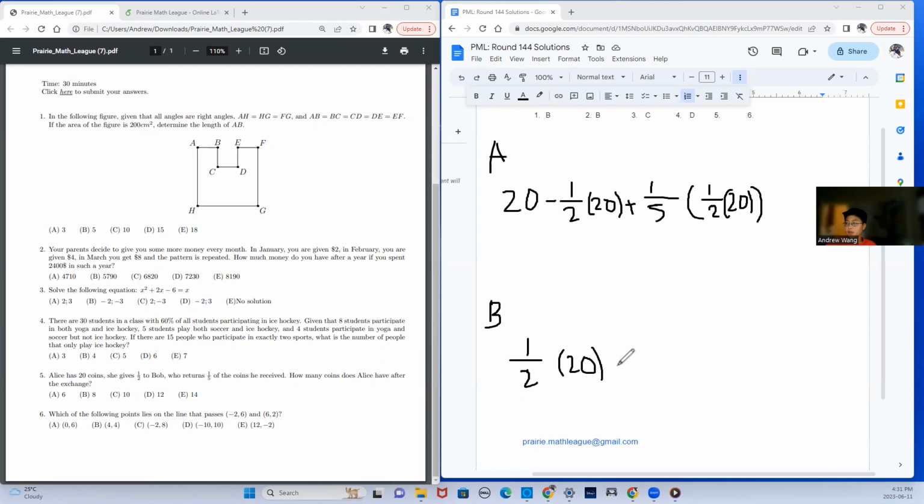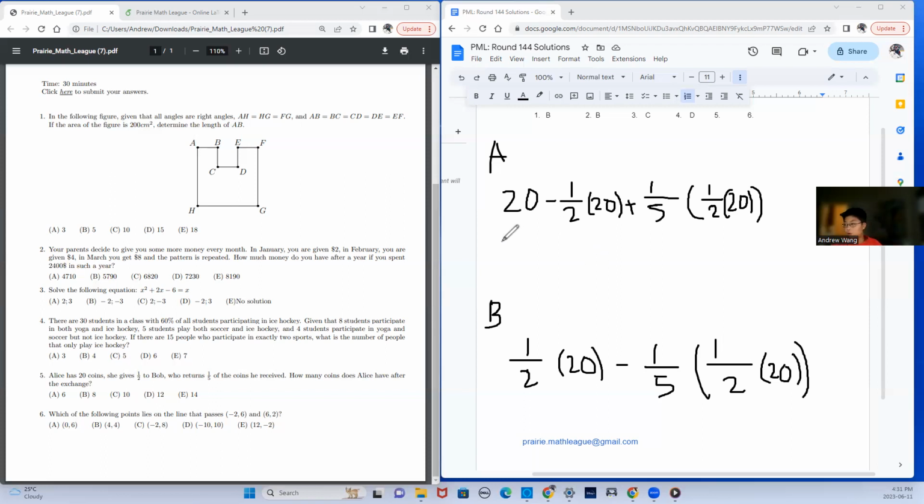And then he gives back a fifth of the amount he received. The amount he received is a half of 20. So he gives that back. So we don't really need to focus on Bob here, mostly on Alice, because that's what the question is about.